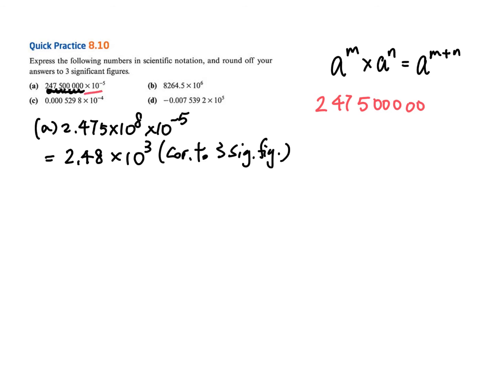If you remember the previous example, times 10 to the power negative index means that it moves to the left. So 1, 2, 3, 4, 5. Which means that the answer is 24750, so the .0 you don't have to write.